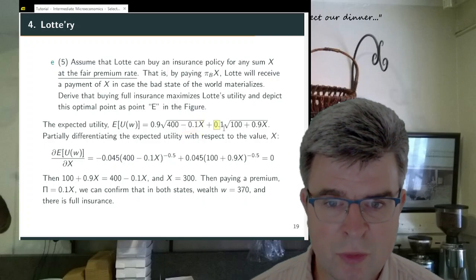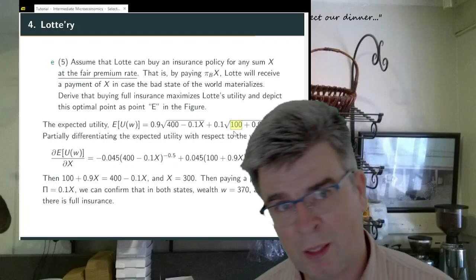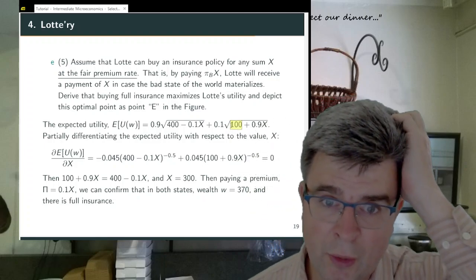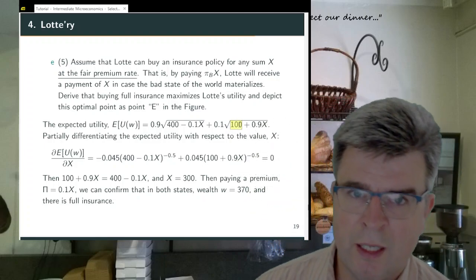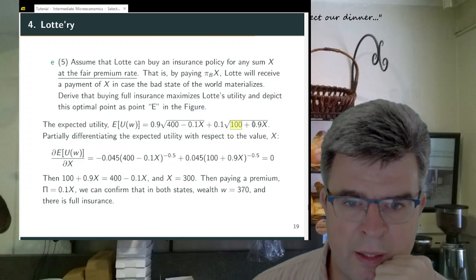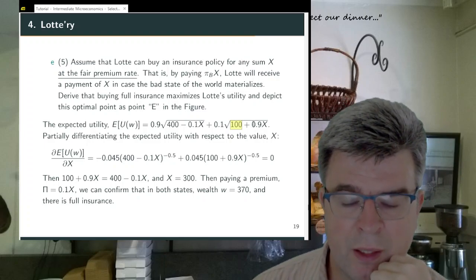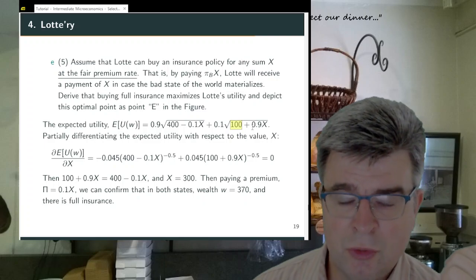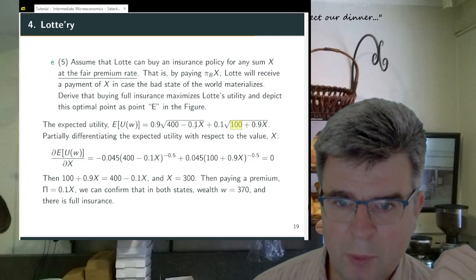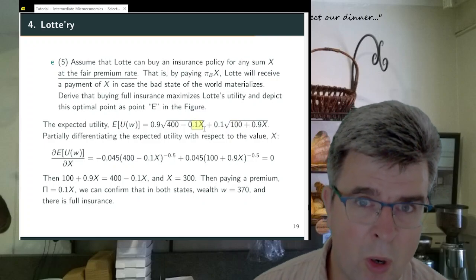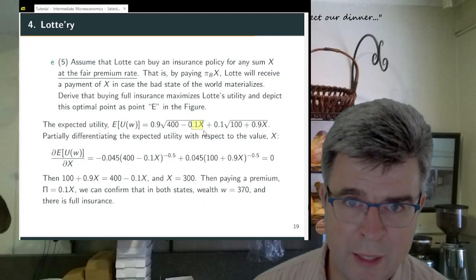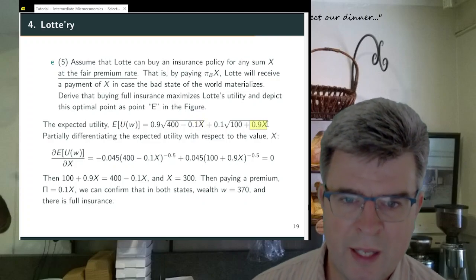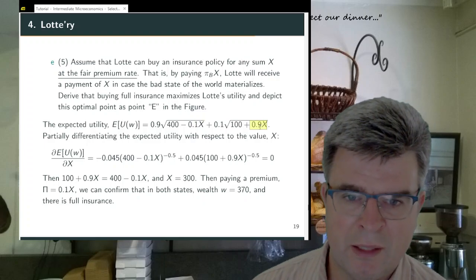And if the bad state of the world happens, then I will face a loss of 300, but part of it has been insured. So in that case, I will get X from the insurance company, but I also have paid 0.1 times X to get the insurance policy. So net, I will get 0.9 times X.